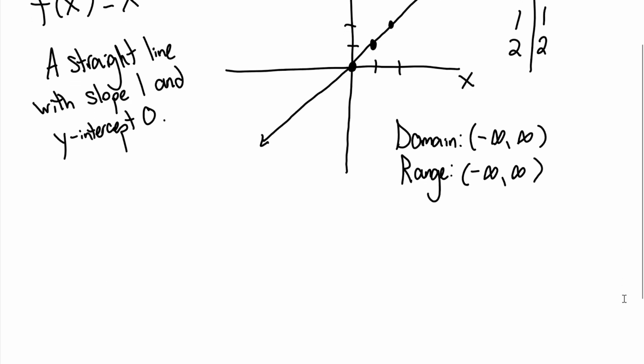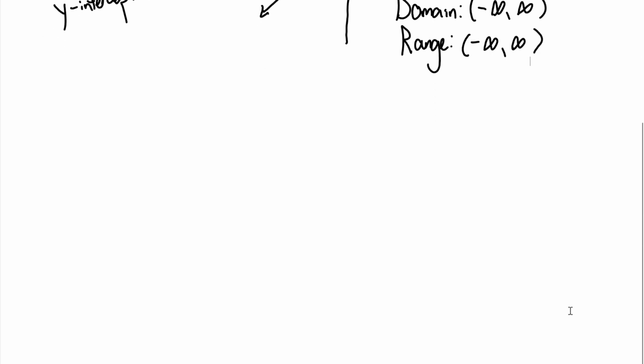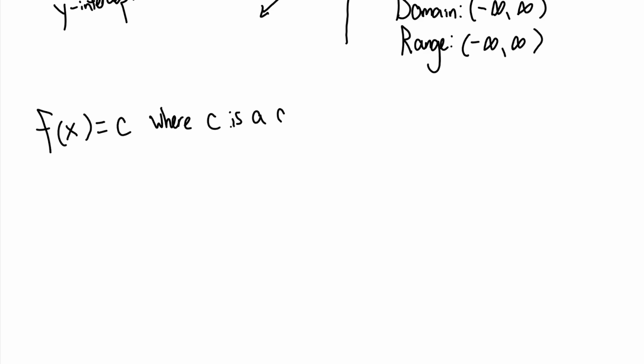So, a special type of line. This is the most basic line, but in a way, we can have an even more basic type of line, which is f of x equals c, where c is a constant. On the last line, we had f of x equals x, where x was a variable. This is f of x equals c.